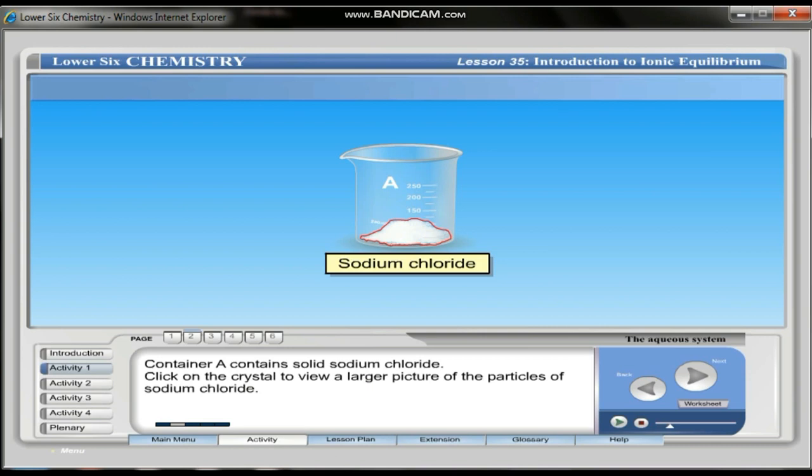Container A contains solid sodium chloride. Click on the crystal to view a larger picture of the particles of sodium chloride.